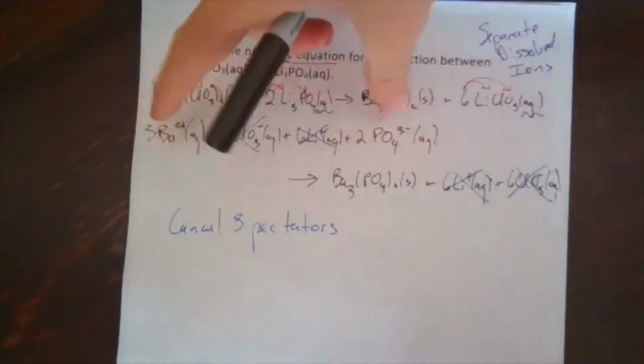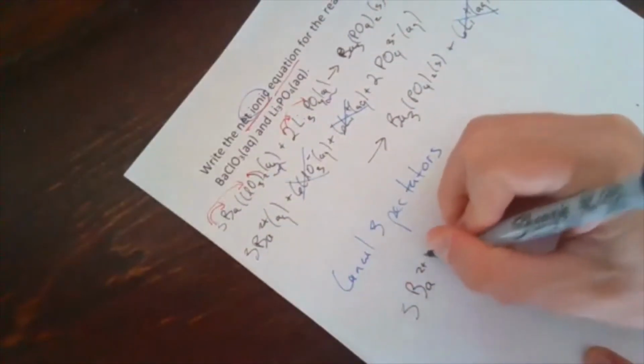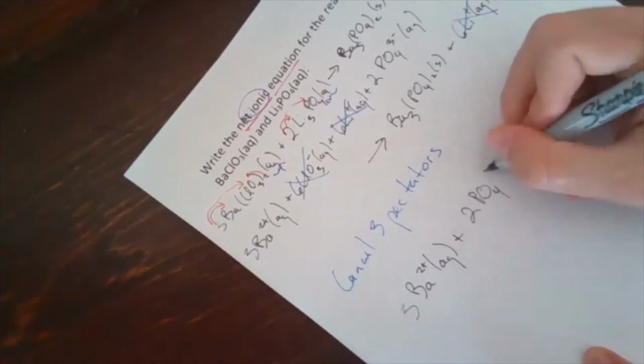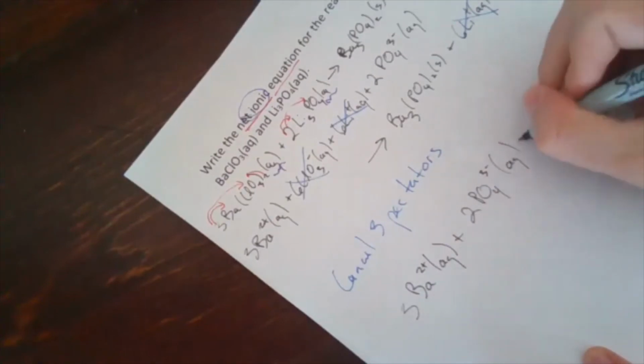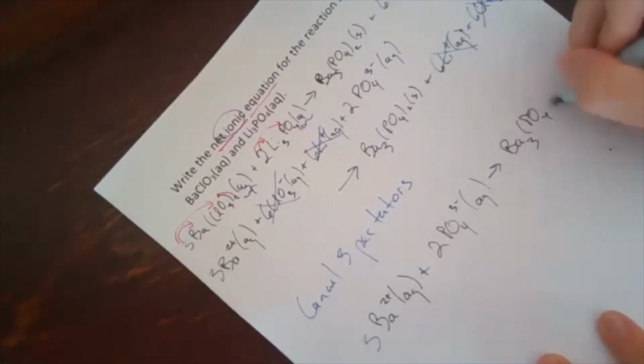So where there is a change is right here and right here. 3 Ba2+ aqueous plus 2 PO43- aqueous becomes Ba3(PO4)2 solid.